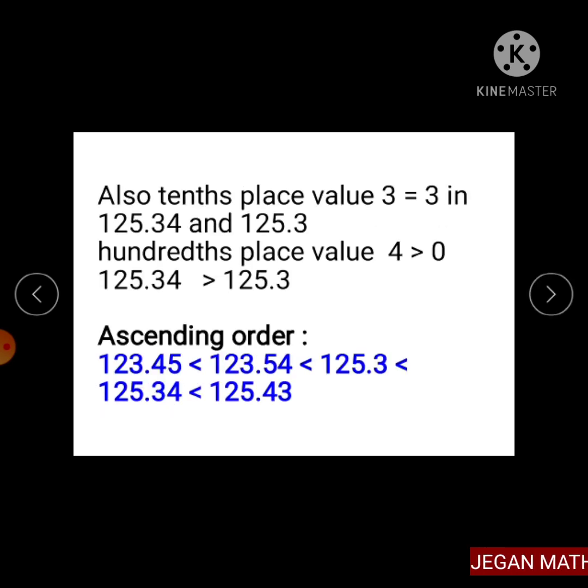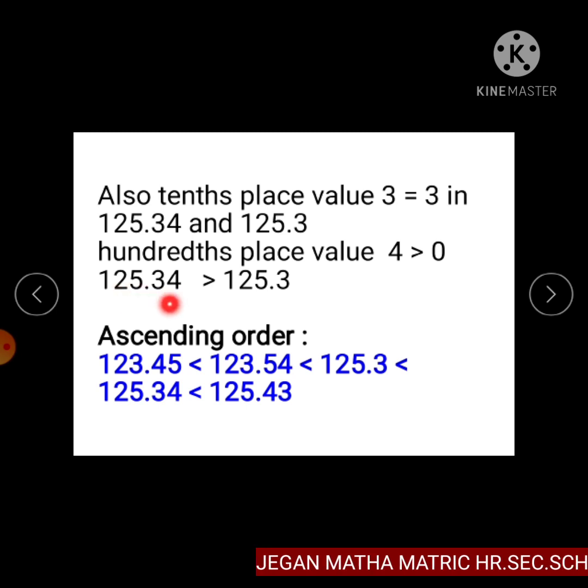Also, the tenths place values are equal, 3 equal to 3 in 125.34 and 125.3. Now, we compare the hundredths place value, and we get 4 is greater than 0. So, 125.34 is greater than 125.3.